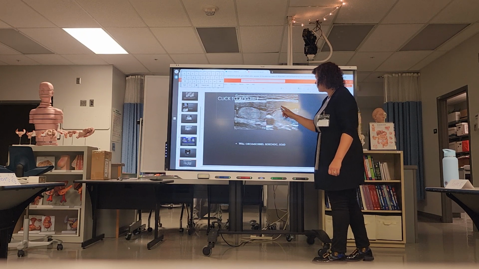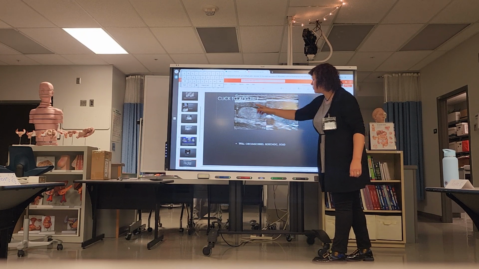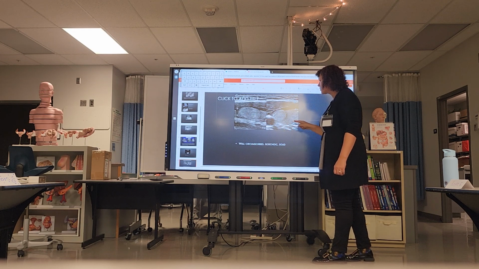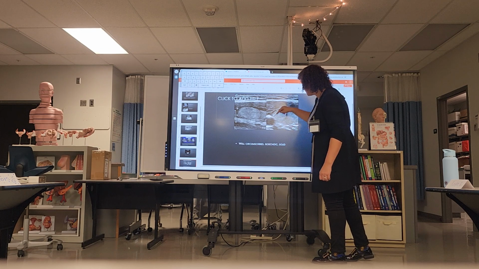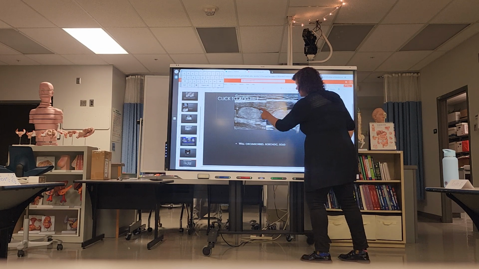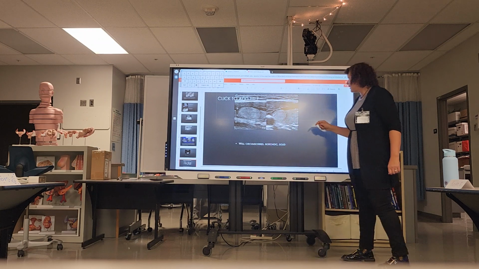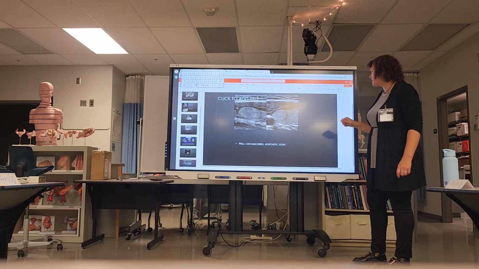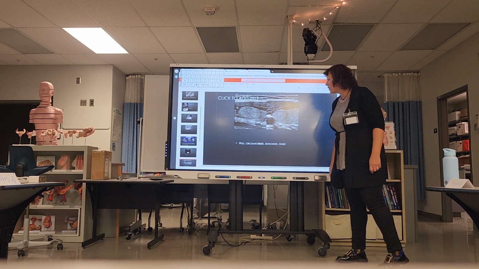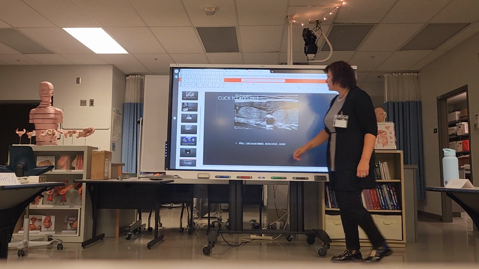Yeah, well defined, well circumscribed, smooth. It's got a nice halo around it. We see exactly where to measure, and it's not really broken up. As we scan through, I'm sure you'll be able to see that halo going all the way around. Is it solid or cystic? Solid, yeah. So this is a thyroid nodule. You will see plenty of those.